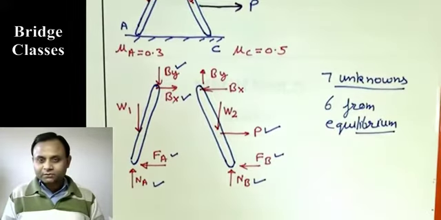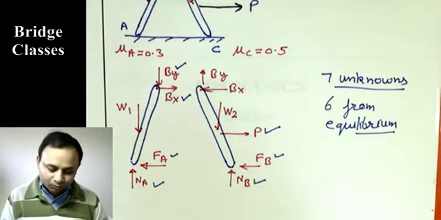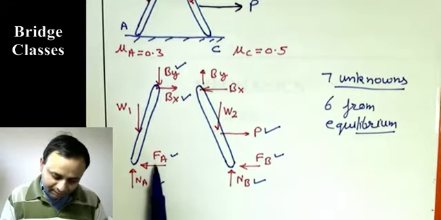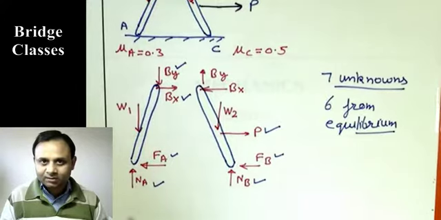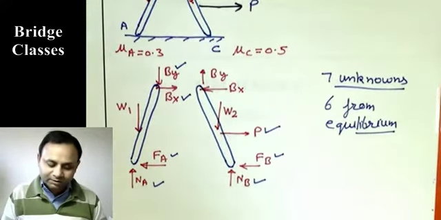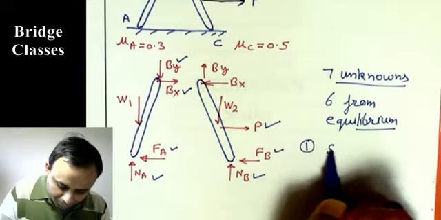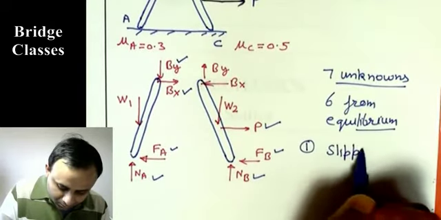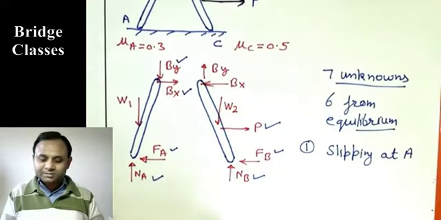So we'll need one more equation, and that one more equation will be the frictional equation. So don't assume that Fa is mu s Na and Fb is mu s Nb. No, because we have 6 equations from equilibrium, we just need one more equation. There can be slipping at A or slipping at B. Let us say I assume slipping at A. That is my assumption.